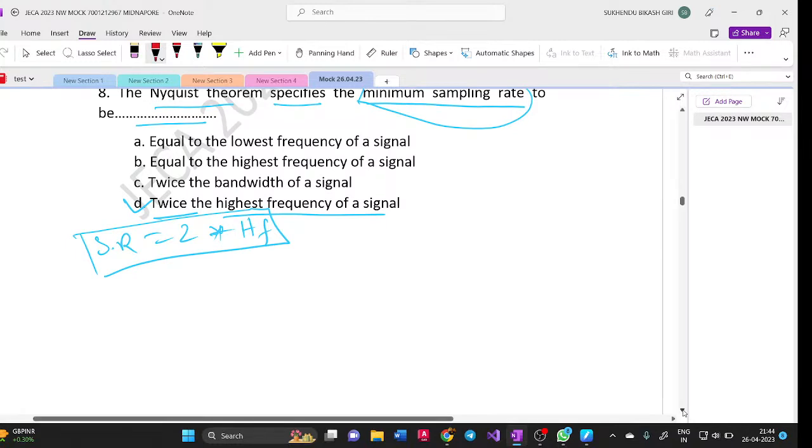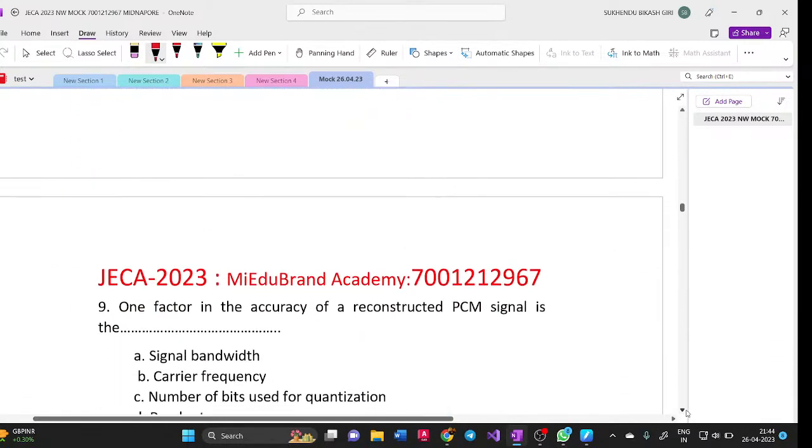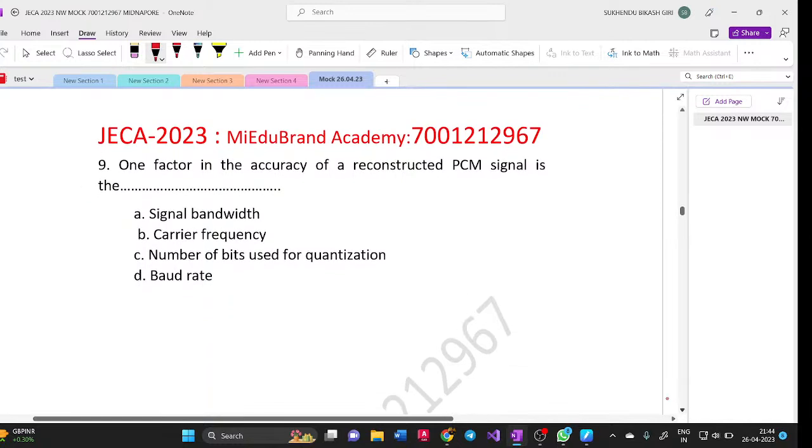So go to the next question. Question 9. One factor in the accuracy of the reconstruction of a PCM signal is the dash.